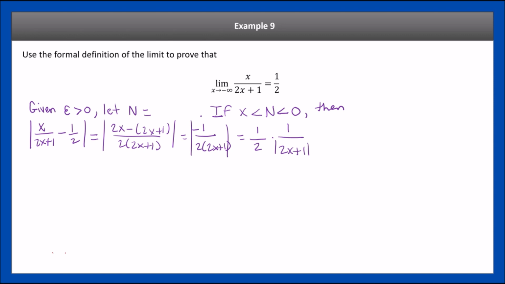So we know that since x is less than 0, x is approaching negative infinity. So if you recall, this absolute value is a piecewise function.